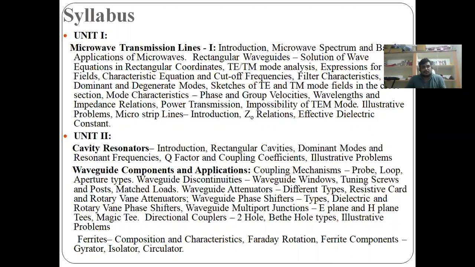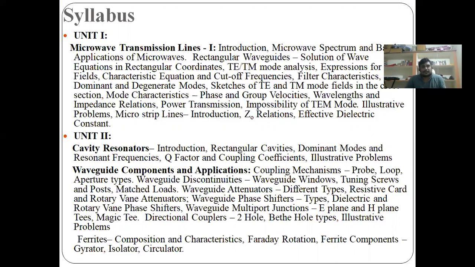For the first two units, we require the basic fundamentals of transmission lines. Whenever we start to discuss microwave devices, we need some fundamentals of EDC, like MOSFET, JFET, and the basic transistor properties.